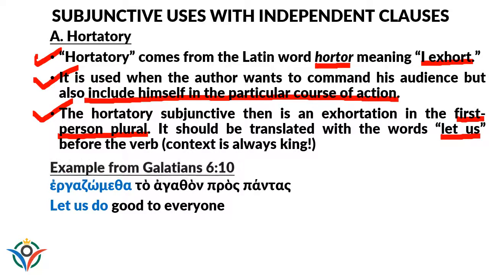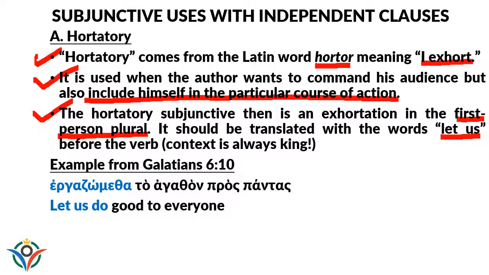The first example comes from Galatians 6 verse 10, where Paul writes, ergazometha to agathon pros pantas. So we've been used to translating this quite literally. We could literally translate this as we should do good to everyone.